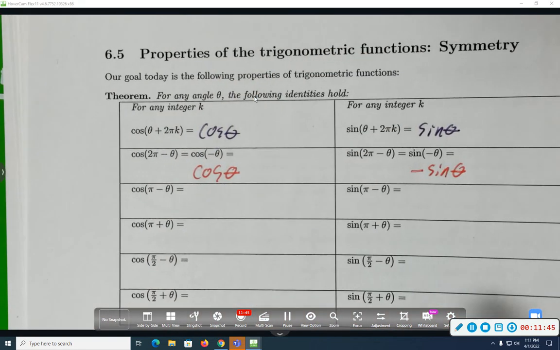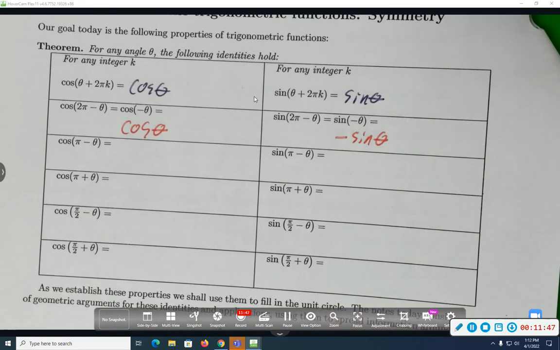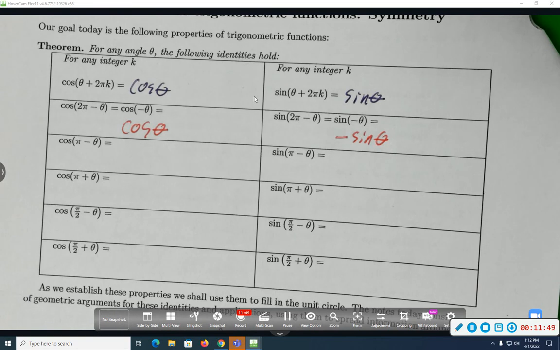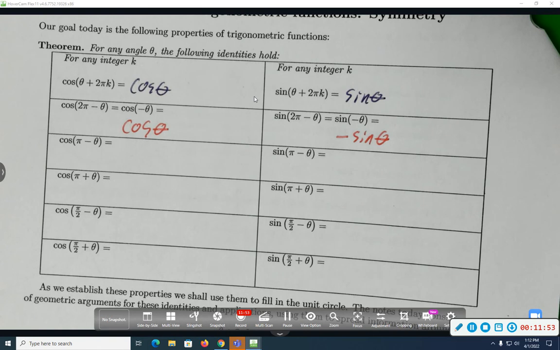And as long as we're here, we have a name for that sort of behavior. So it looks like cosine is a function in which, when you make the input negative, the output doesn't vary. What type of function is that? Yeah, that's an even function. Even functions are functions that don't care if there's a negative sign inside the parentheses. What type of function is sine?